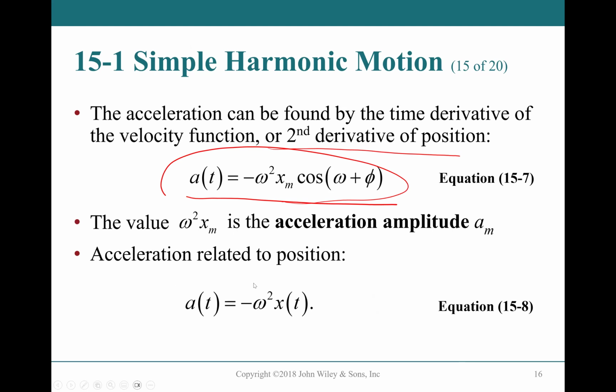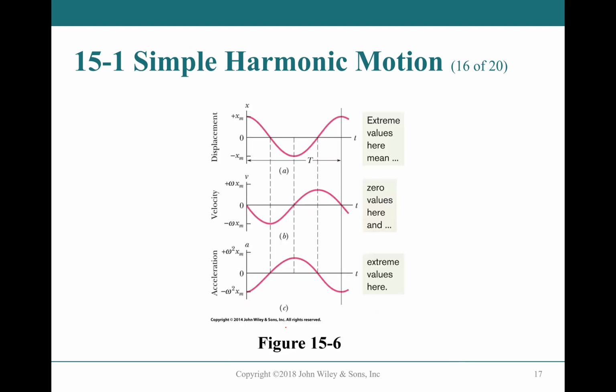And you can see here, xm cosine omega t plus phi, there's a t missing, be careful, is the same as your x(t). So that's why a(t) will be equal to negative omega squared x(t). So this is our acceleration for simple harmonic motion.